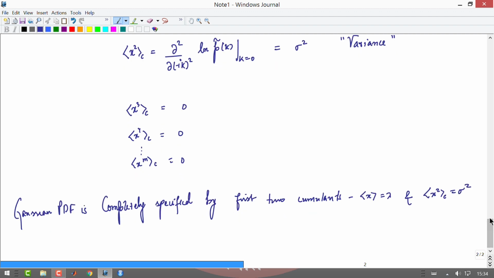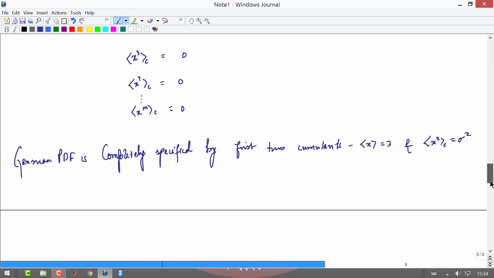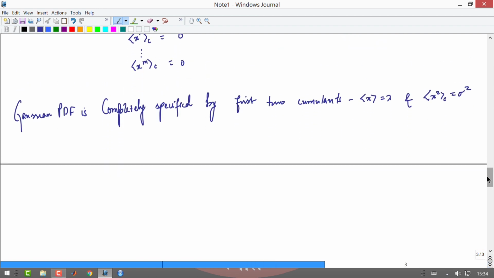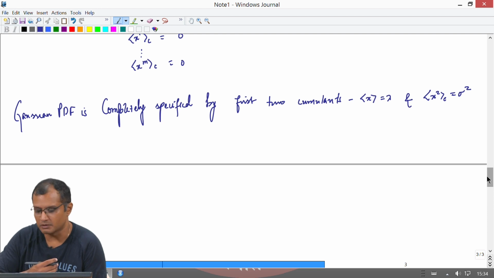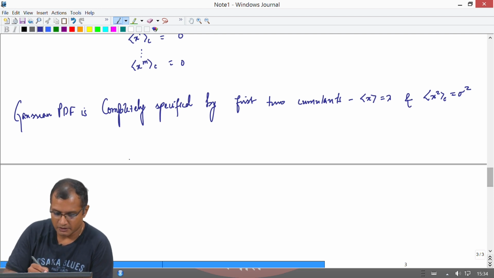Okay. So, you can also write down their higher order moments. So, you can write down for example, moments of the Gaussian Pdf.